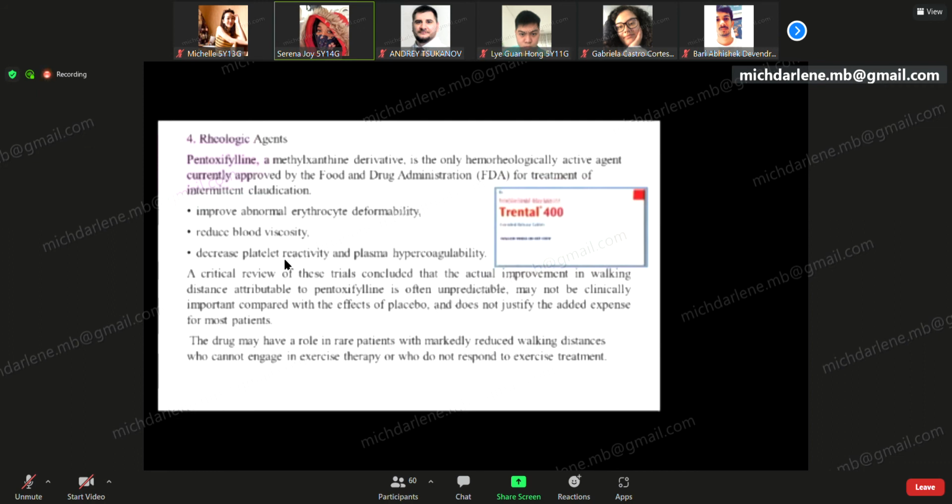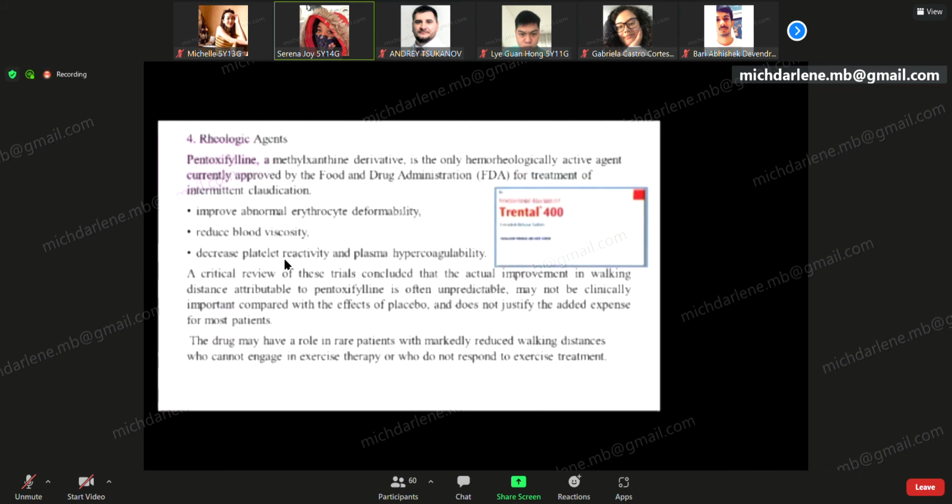A critical review of these trials concluded that the actual improvement in walking distance attributable to pentoxifylline is often unpredictable, may not be clinically important compared with the effects of placebo, and does not justify added expense for most patients.